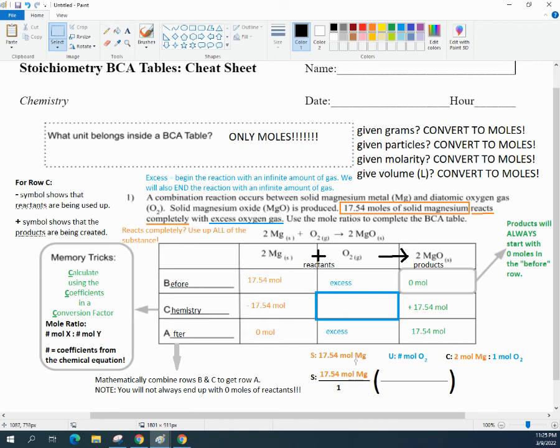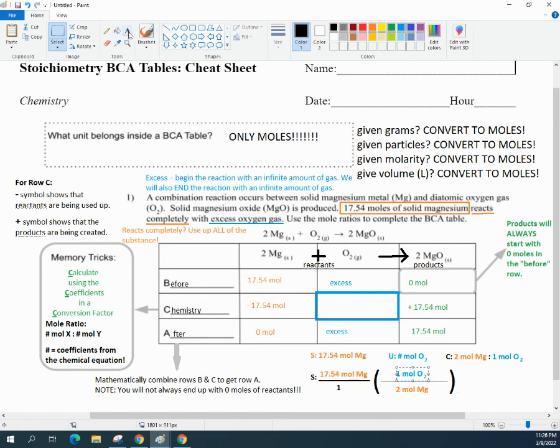My memory trick for dimensional analysis is what's on top must come down. So we need to use our moles of magnesium conversion factor, because that's what this fraction is for. If we already use one half of our conversion factor, we have to use the other half of our conversion factor on top. So we're going to go ahead and plop that on top.